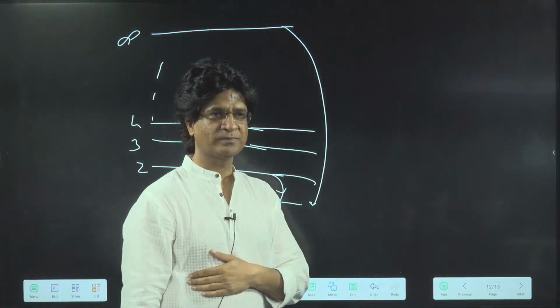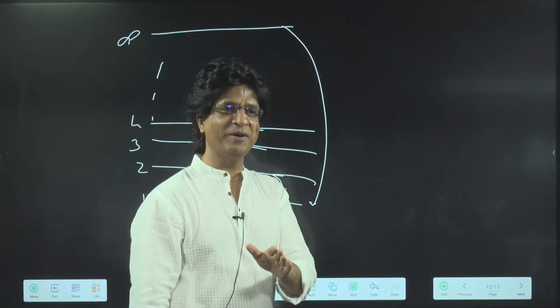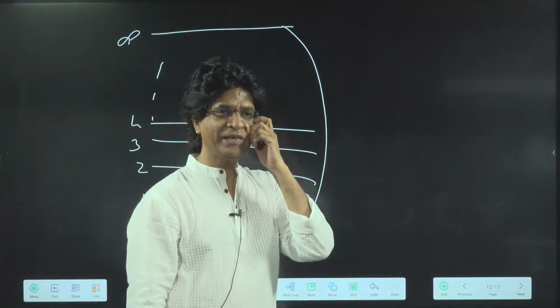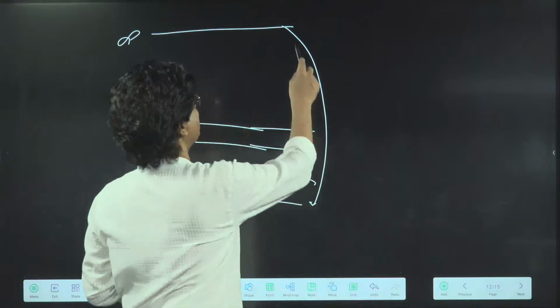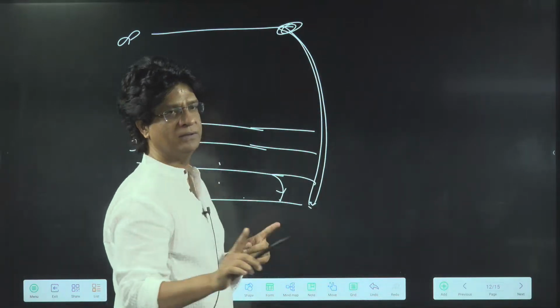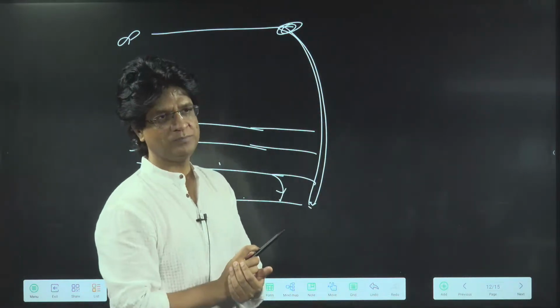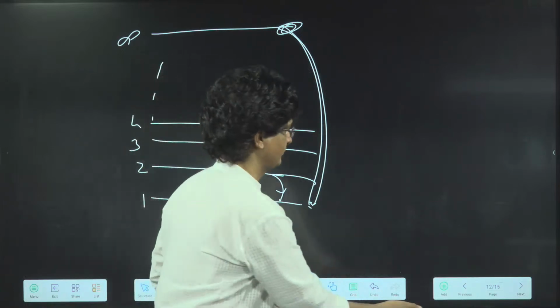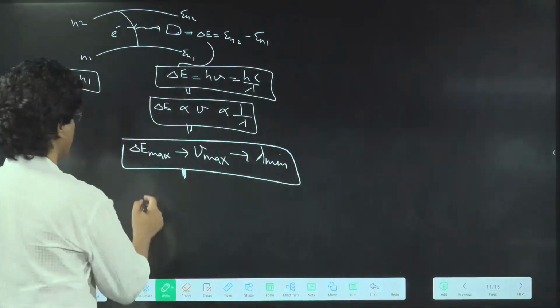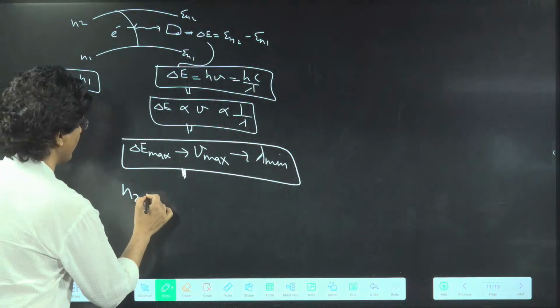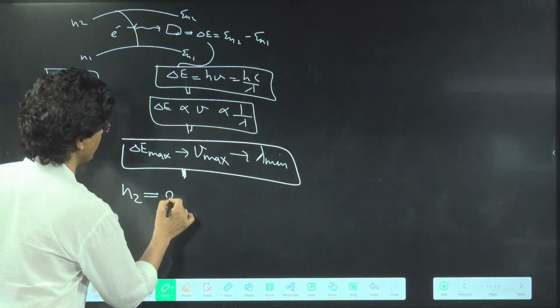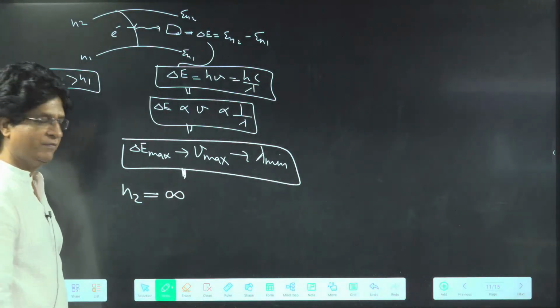The greatest energy difference will be between orbit number infinity and this one. Yes or no? So I believe that this n2 has to be infinity.